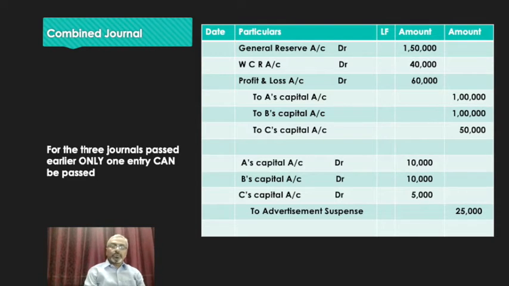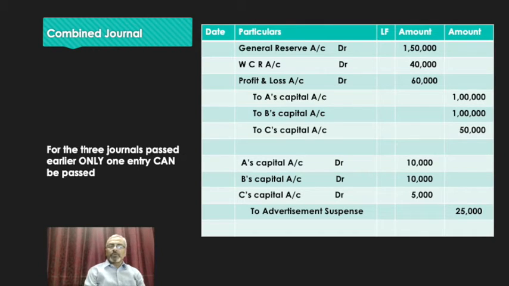Now this will also be written off among the 3 old partners in their old profit sharing ratio, which is 2:2:1, and the journal entry will be A's capital account debit 10,000, B's capital account 10,000, C's capital account 5,000, to advertisement suspense account 25,000.